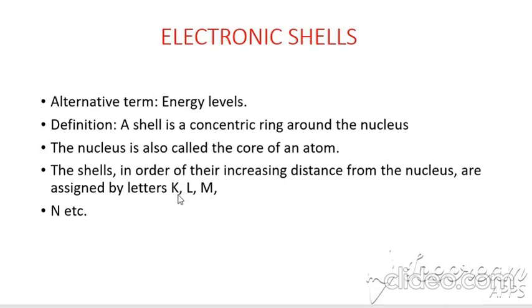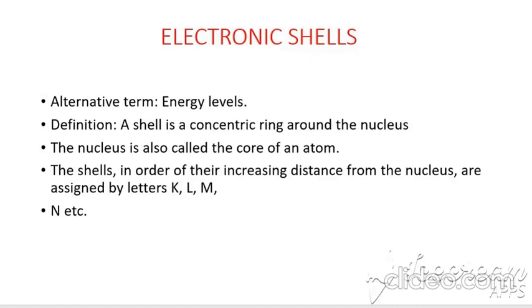And these shells have different numbers of electrons they can accommodate. For example, K can accommodate up to 2 electrons, L up to 8 electrons, M 18, and N 32. And I'm going to show how these are done.